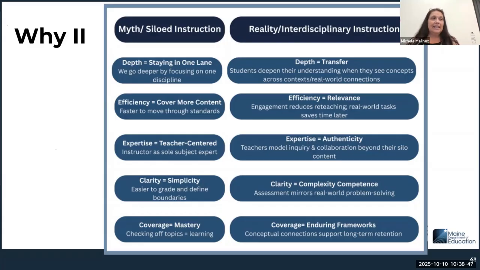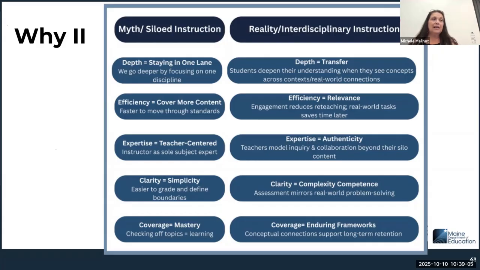It increases engagement and reduces reteaching. If we're using real world tasks, it's relevant to the students and they really want to understand and know why this might be happening. It gives authenticity.